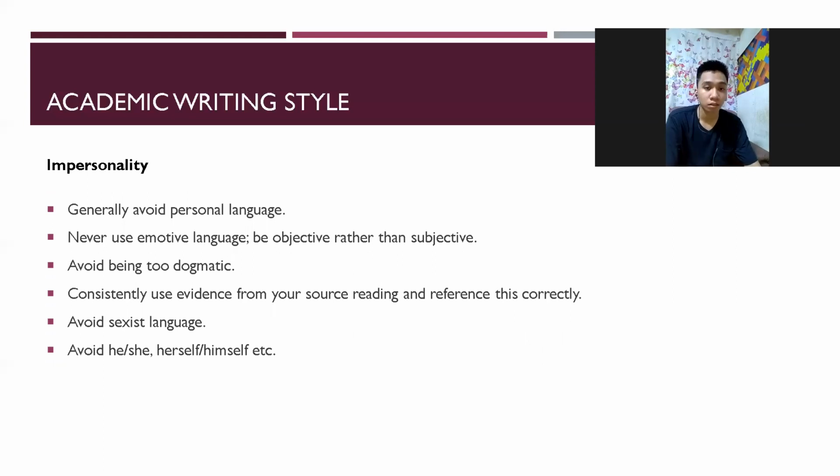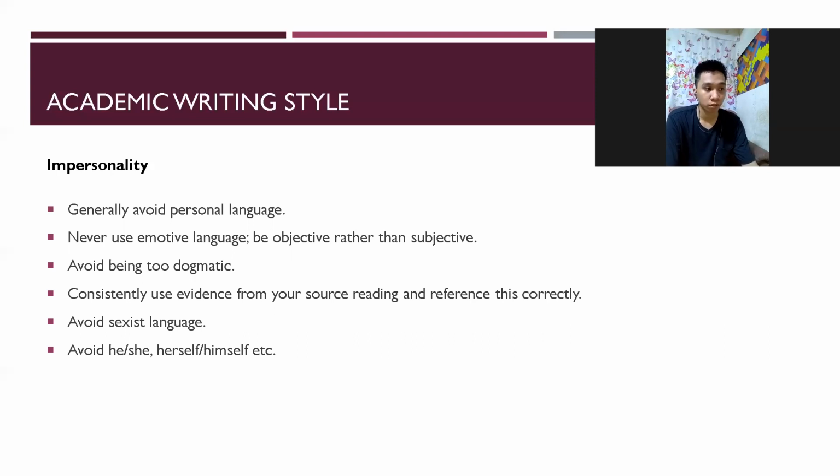For the I, generally avoid personal language. It should be neutral, or from the third person perspective. Next, never use emotive language; be objective rather than subjective. Avoid being dogmatic. When writing a research paper, don't preach and don't sound accusing.